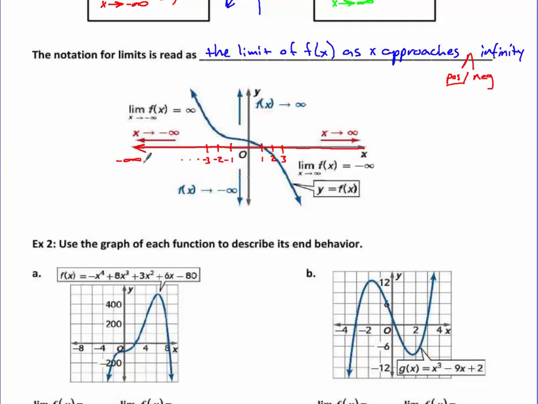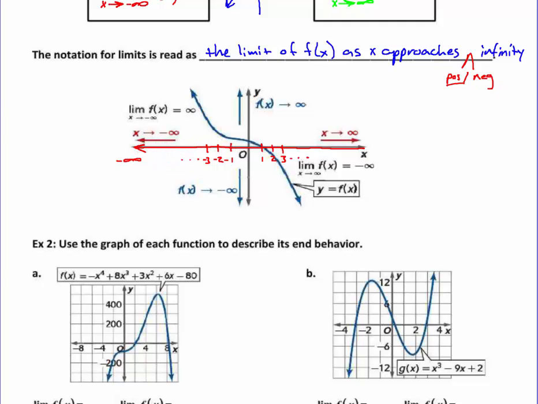Eventually, that's what it's going to get to. And on the opposite side, as we keep going farther and farther in this direction, our x value on the x-axis will be approaching infinity. So that's what x approaching infinity or x approaching negative infinity means. It tells you what the x values are getting closer and closer to.